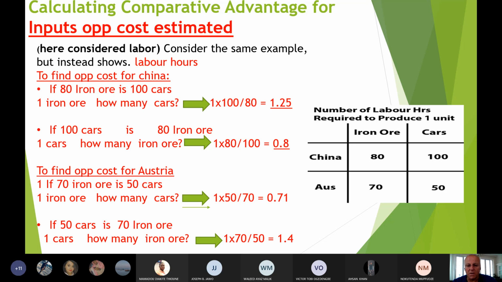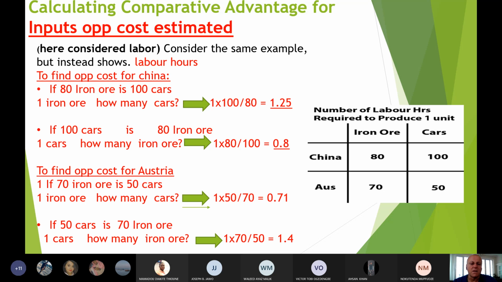You are going to make this simple percentage calculation, which gives you 1 times 100 over 80 as we did before, and it makes 1.25. If 100 cars is 80 iron ore, then 1 car is how many iron ore? Then 1 multiplied by 80 divided by 100 is equal to 0.8.